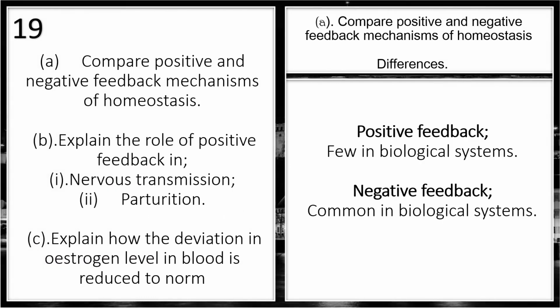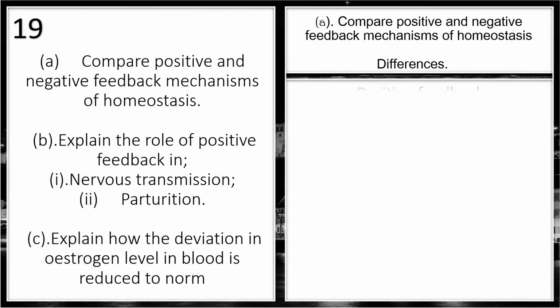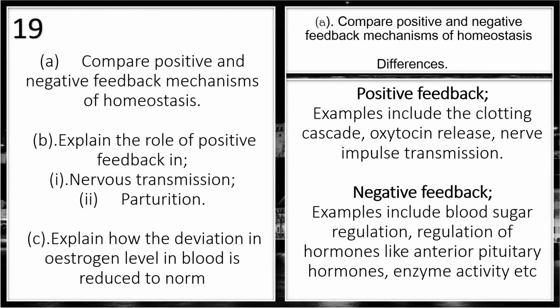Positive feedback is rare in biological systems. Negative feedback is very common in biological systems. In positive feedback, examples include the clotting cascade, oxytocin release, nerve impulse transmission.